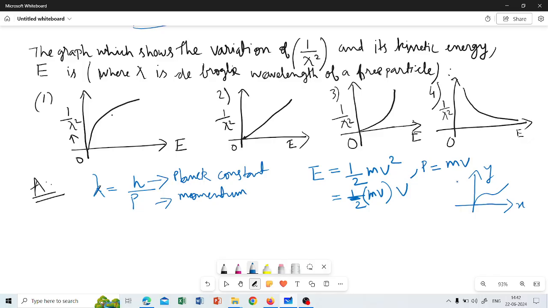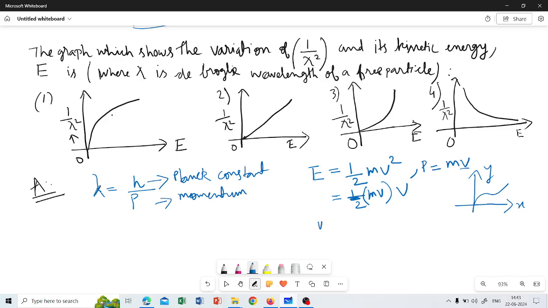But in this expression I want to replace v. So how can I replace v? I can find out what the value of v is, right? So this is how I can find the value of v in terms of energy.